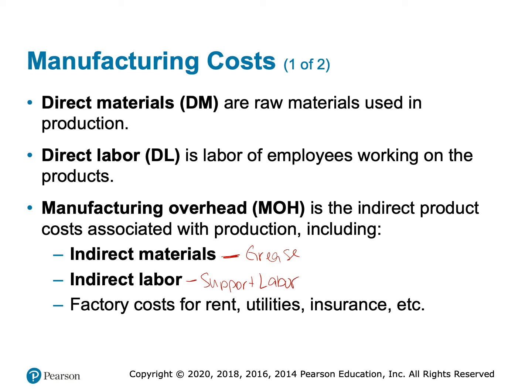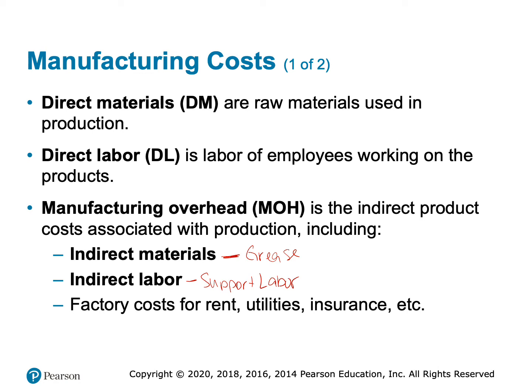So it would be the rent on the factory, the utilities, the insurance, the property taxes, depreciation on the factory equipment, repair and maintenance for the factory equipment, all of the stuff that needs to happen so that the factory runs correctly and appropriately.